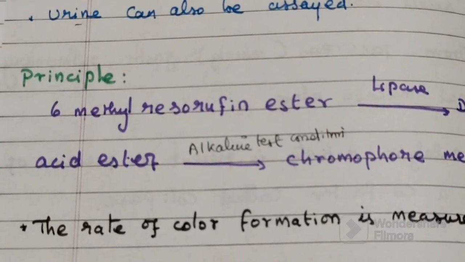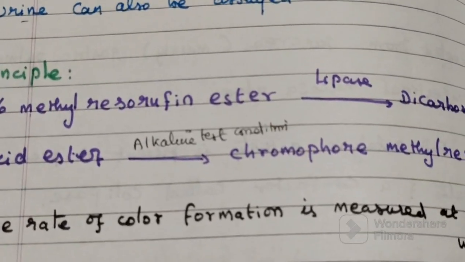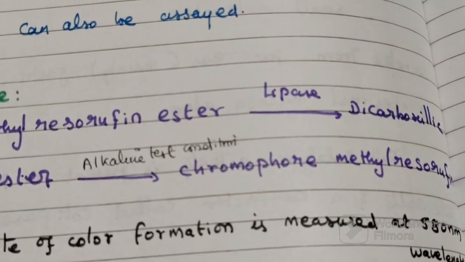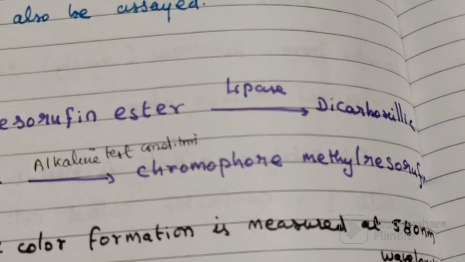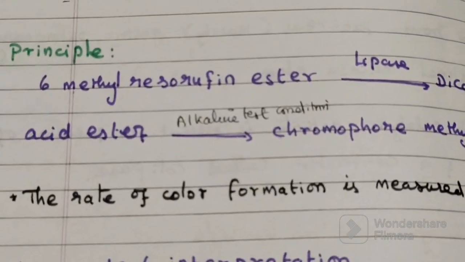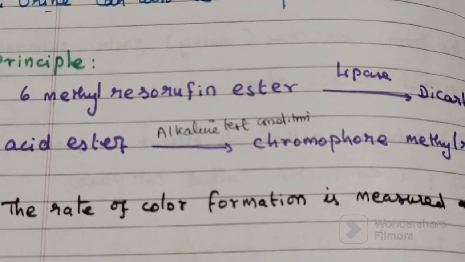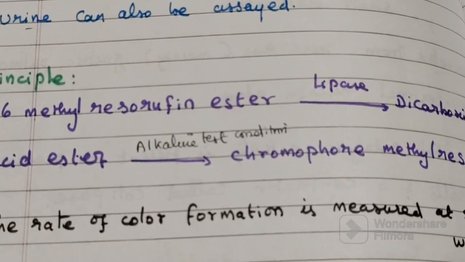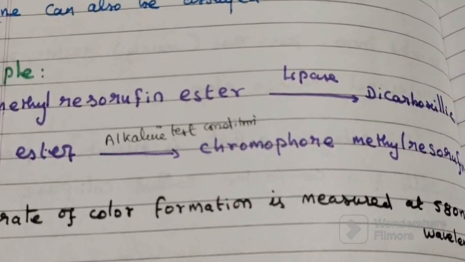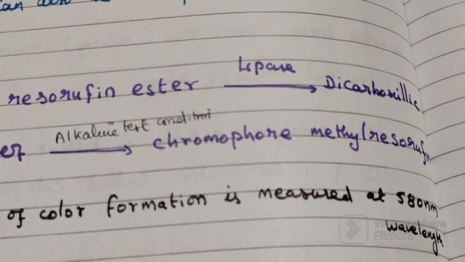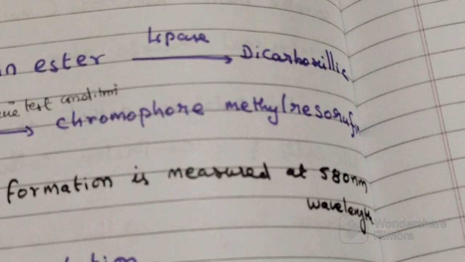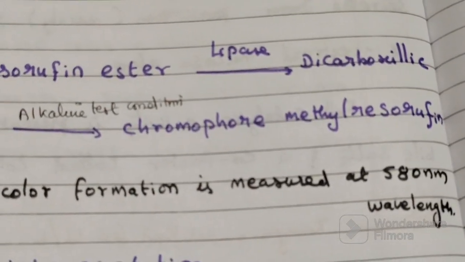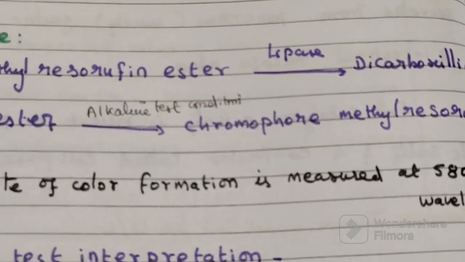Then what is the principle? 6-methylresorufin ester hydrolyzed by lipase gives dicarboxylic acid ester. This dicarboxylic acid ester under alkaline test conditions will form the chromophore methylresorufin.